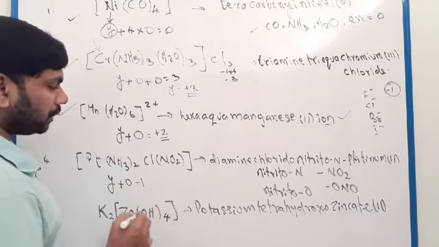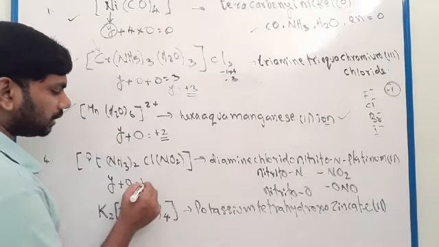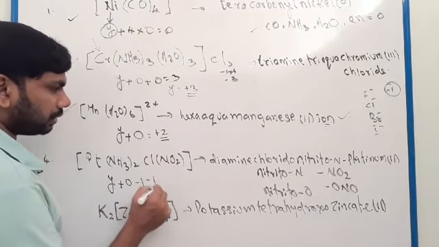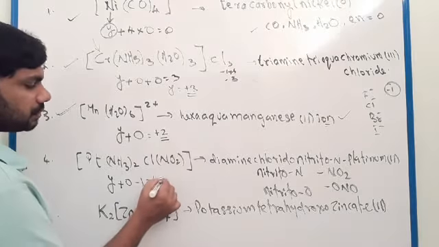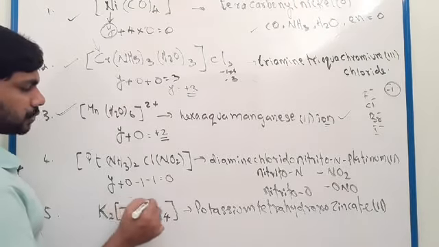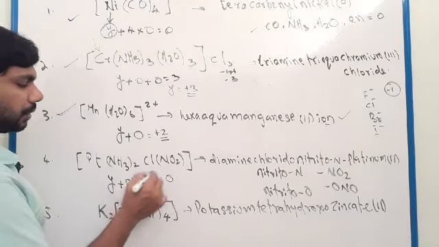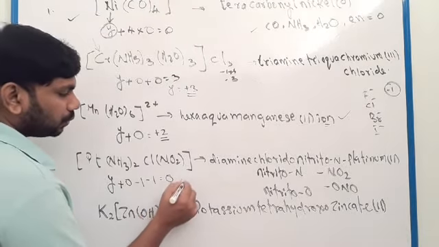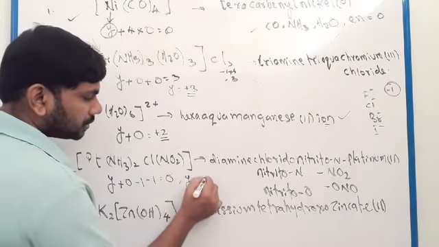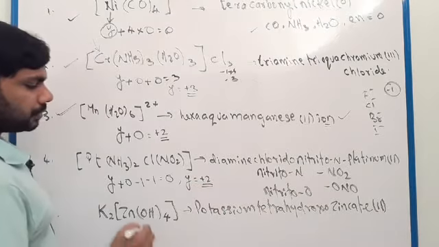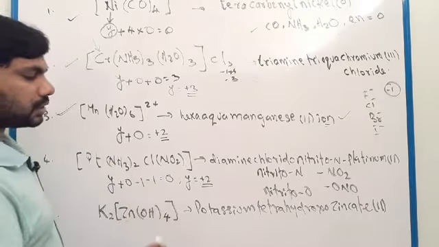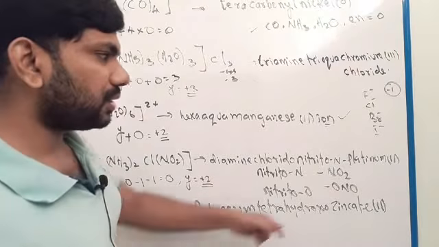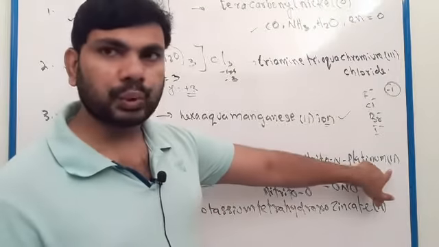Nitrito, NO2 and ONO, their charge will be -1. And outside the square bracket there is no charge, which means 0. So Y minus 2 equal to 0, so Y equal to +2. That's why here platinum(II).